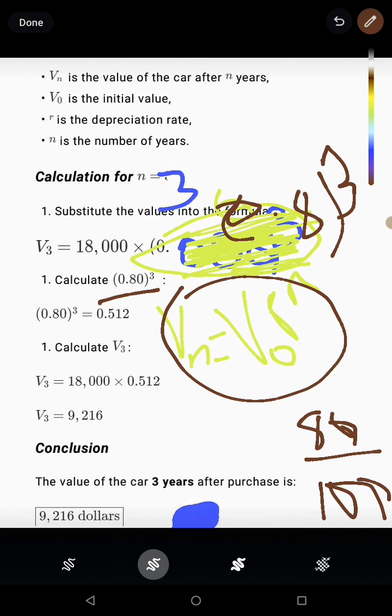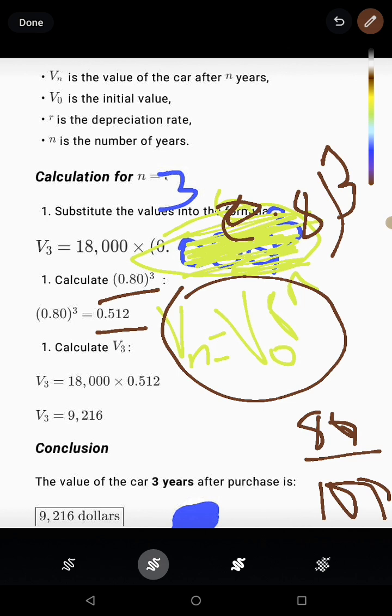Then multiplying it by the initial value, we get the price at the end of the 3rd January. So V3 equals the initial price times this value, and that is how we get $9,216 US. That is the value of the car 3 years after purchase.